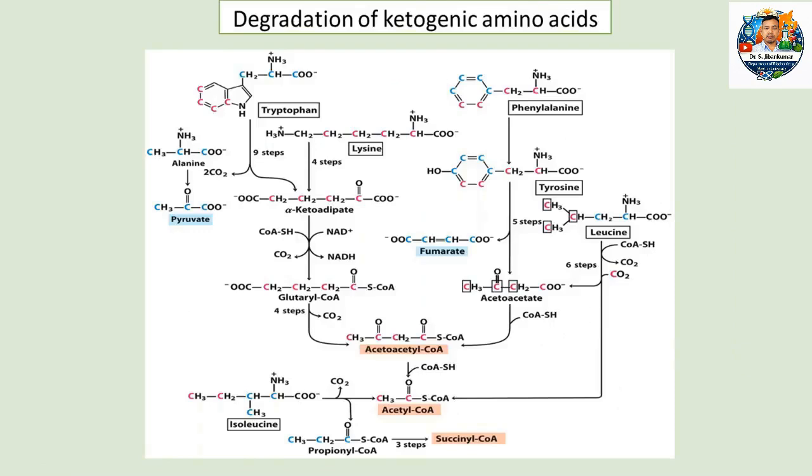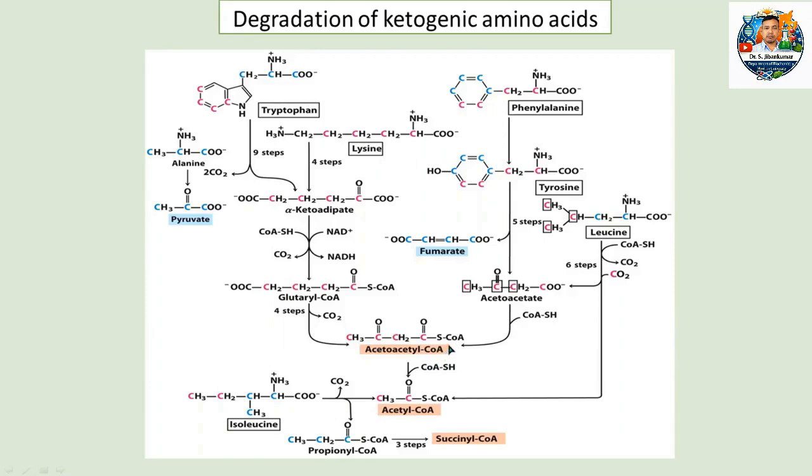Okay, we are now coming to the catabolism of the carbon skeleton of the amino acids. Here you will see the amino acids which are catabolized to an end product which can be used to produce ketone bodies.